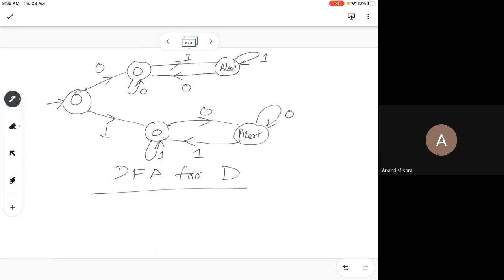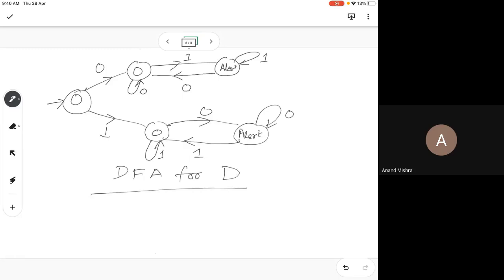Although at first glance it doesn't look like a regular language, because it looks very similar to equal number of zeros and ones. But if you analyze, since you do not have to maintain the counter for long, you can actually afford to do this. You have this luxury of forgetting things.